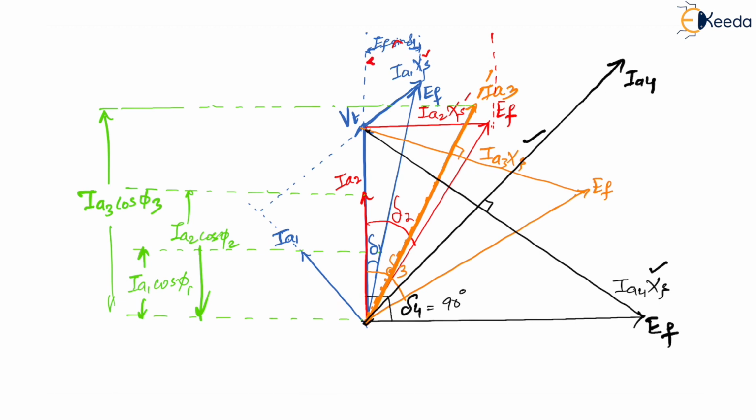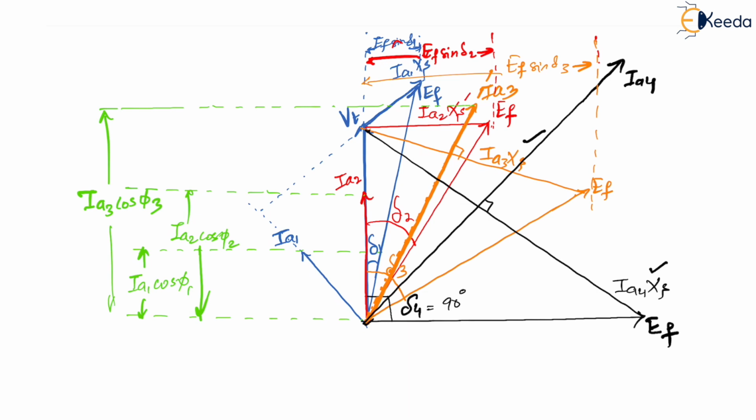So this length is going to be EF sin delta 2. Again for the next one, if you think of this EF4 orange, then again here also EF sin delta 3. It is even more, which means EF sin delta has increased or not? Yes, EF sin delta is increased in order to increase the power.